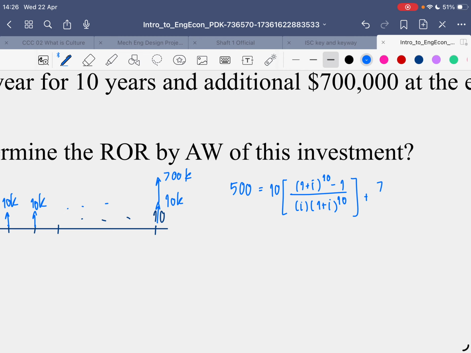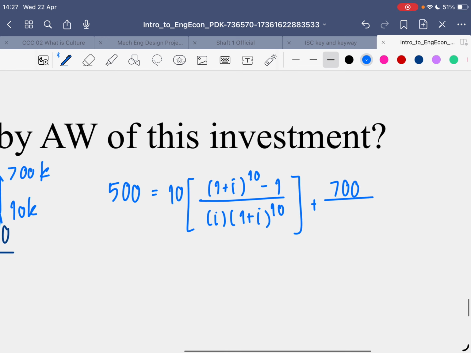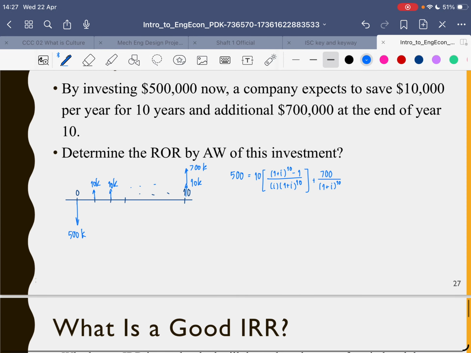because we don't know i in this equation, in this picture, basically you do the same thing. You draw a picture, you draw a cash flow diagram, convert everything to present value, leave i as a variable, and solve for i, right?